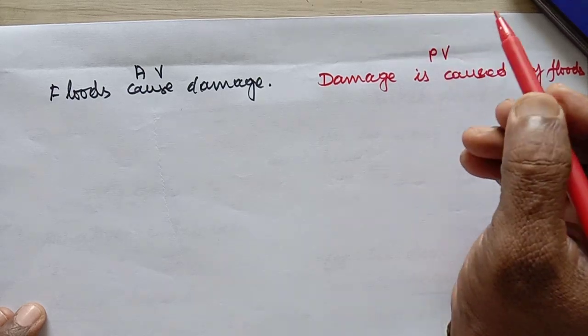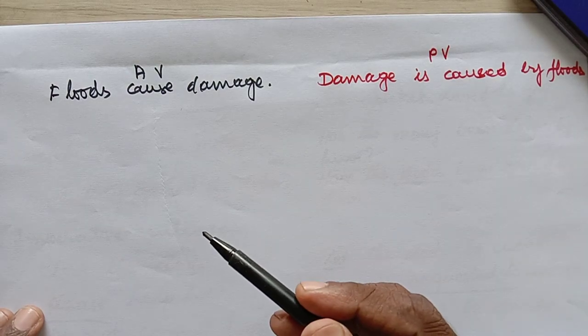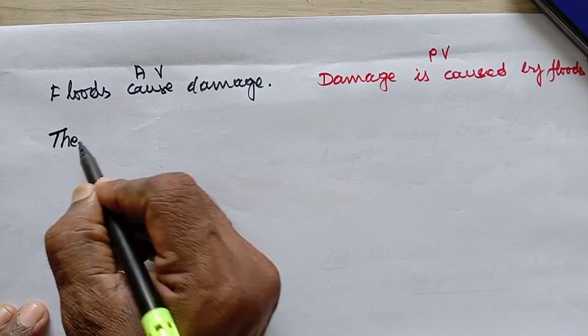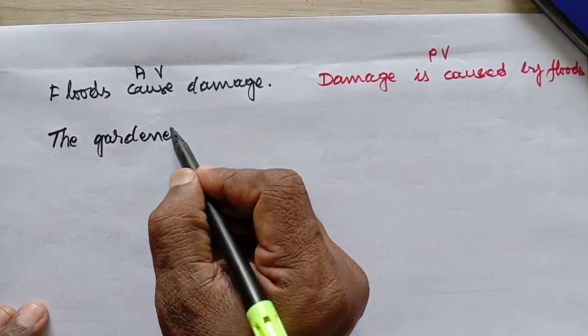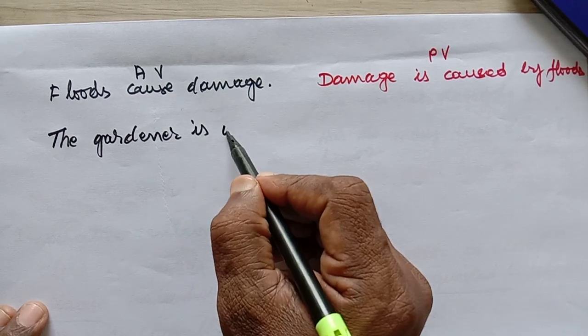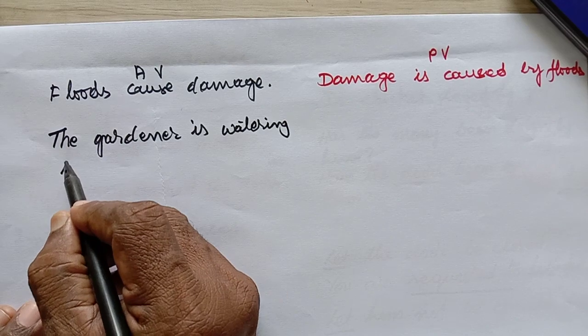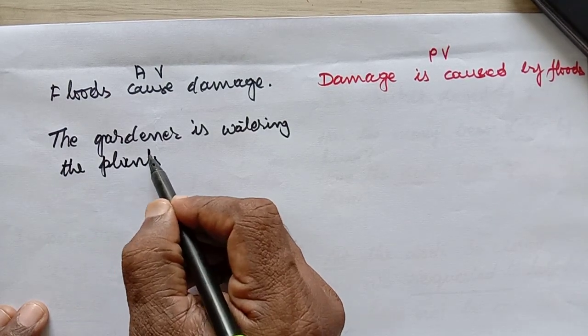This is passive voice. Shall we say another sentence? Yes. Let us see. The gardener is watering the plants. Okay.